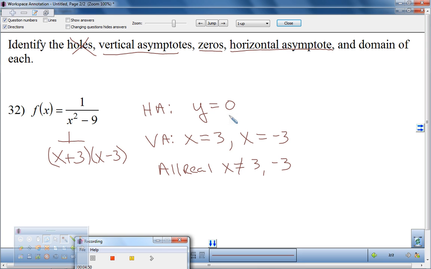Our vertical asymptotes are 3 and negative 3 because that's what's going to make our denominator 0, and it's not going to cancel out and be a hole. So there is no hole. So there are no holes and there are no zeros, because the zeros come from the numerator, and there's nothing that would make the top part 0.